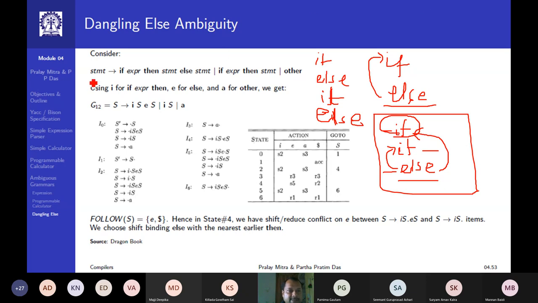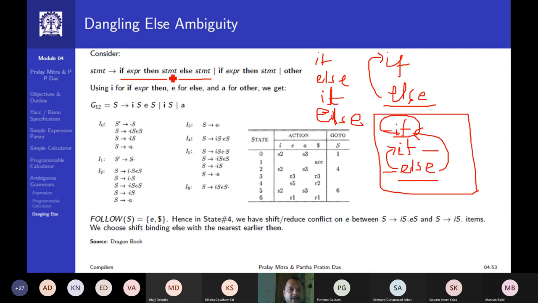And that ambiguity arises because for this if else, my production rule will be statement derives if expression then statement else statement. Here, the bold and not italic indicates terminal symbols. So if is terminal, then is terminal, else is terminal, and expression and statement in italic are the non-terminals.